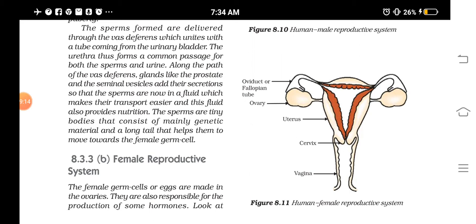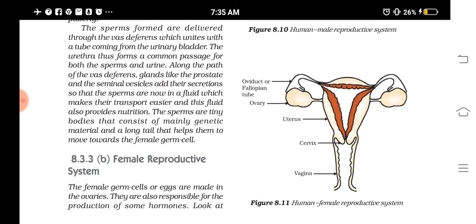So what do you mean by implantation? The attachment of the fertilized egg to the uterus is called what? Implantation. Understood? Is it clear?